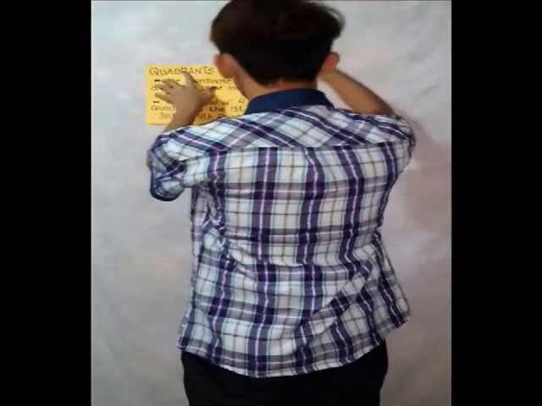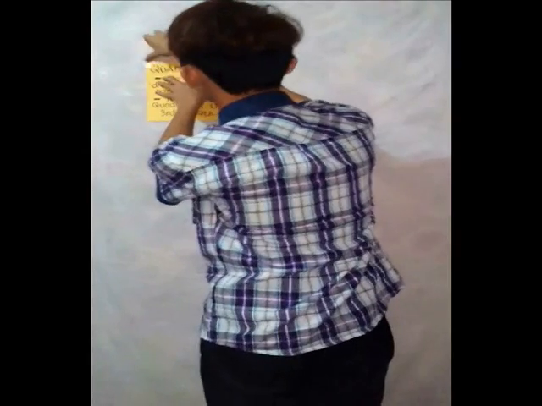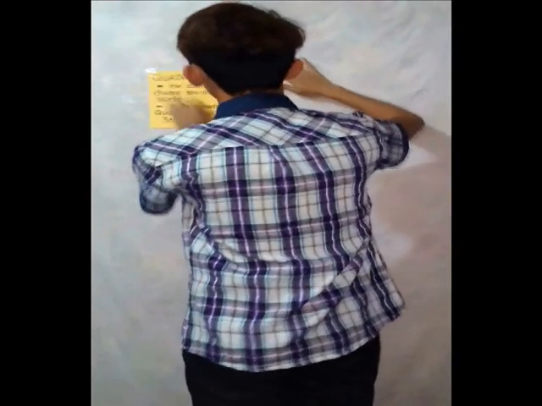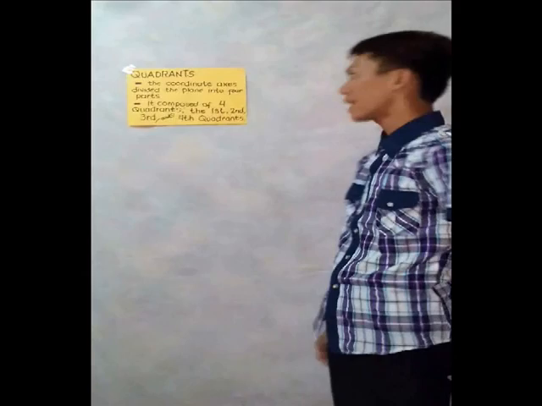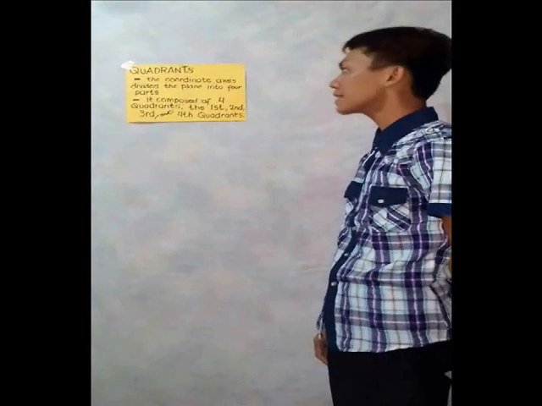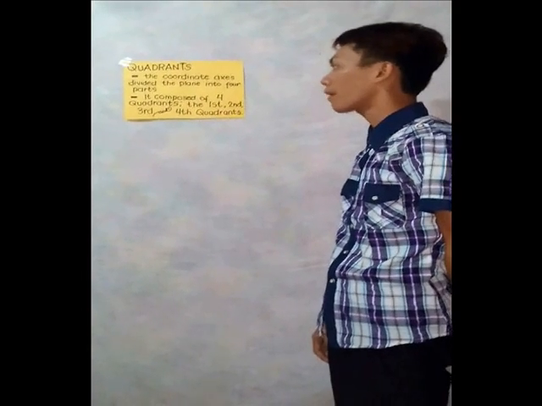So next is the quadrants. Quadrants. It is the coordinate axis divided the plane into 4 parts.